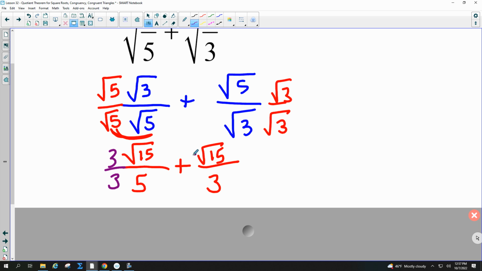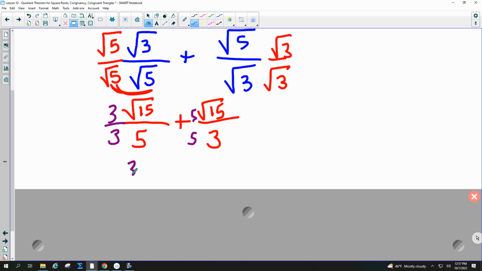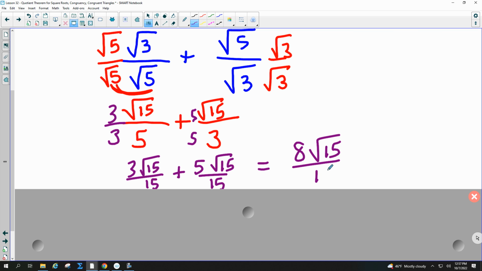Okay, so now I have 3 root 15 over 15, and over here I have 5 root 15 over 15. Can I add these together? Yes, we have common denominators, and they have the same radical in the top. So I'm adding 3 root 15 and 5 root 15. That's 8 root 15 over my common denominator.